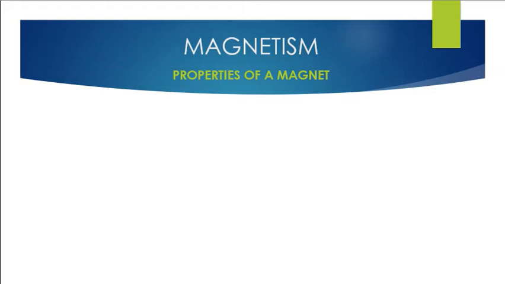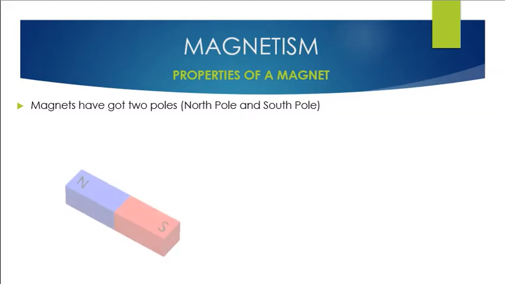These ends are known as poles, and usually magnets have two poles, the north pole and the south pole. In the diagram here, we've got a bar magnet which has been labeled north and south pole. You can see the notation for north pole is a capital letter N, and for south pole it's a capital letter S. This is very essential to note.